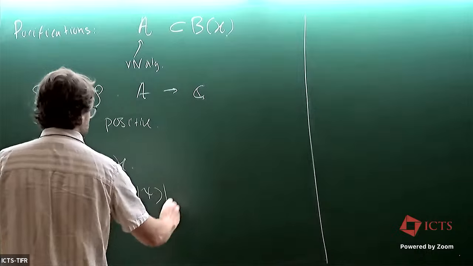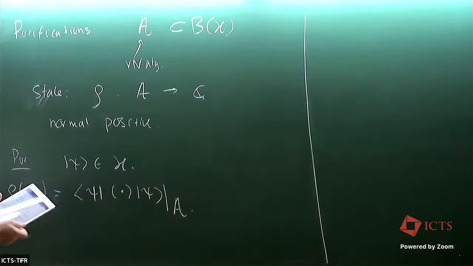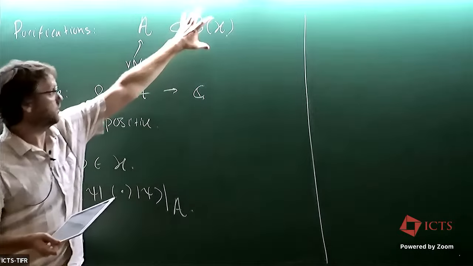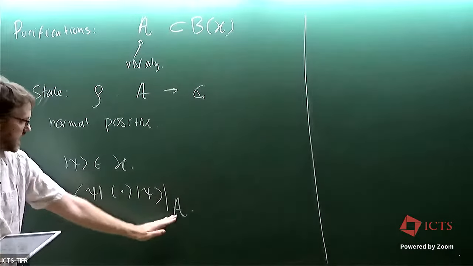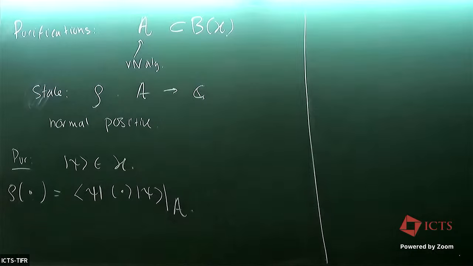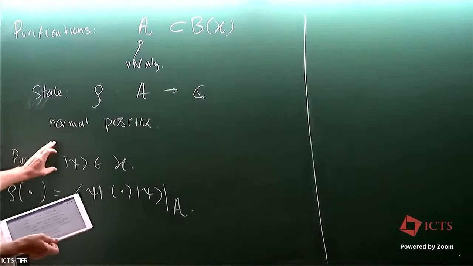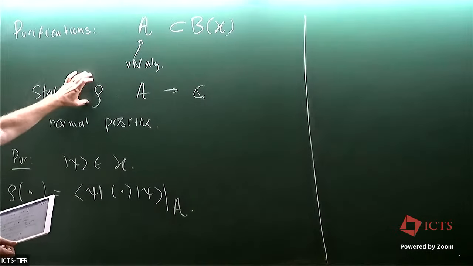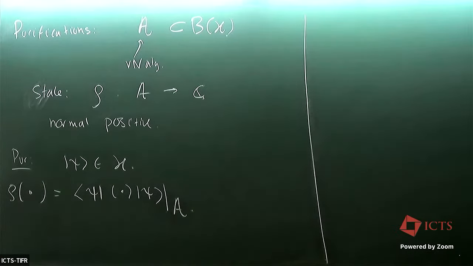You think of this as restricting to A. In principle, I could feed in any operator in B of H, but I'm just going to restrict to A, and that defines my linear functional. A purification is a psi such that this is true. So I start with a rho, and then I find a psi where this is true.